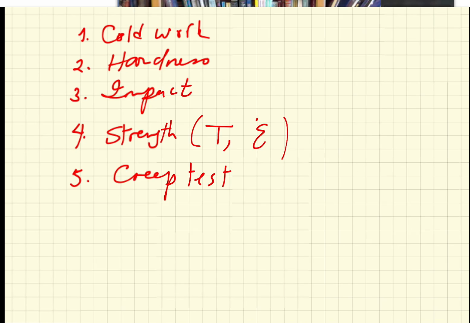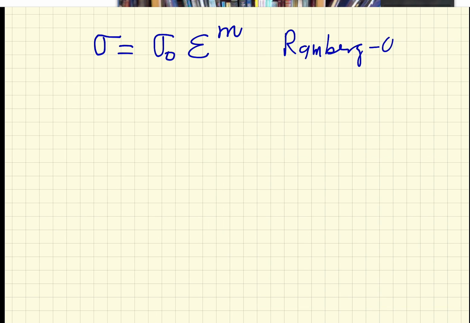So if we consider now that any material can be described by a relationship between the stress and the strain in this fashion, sigma is equal to sigma 0 epsilon to the power m. This is called the Ramberg-Osgood relationship.